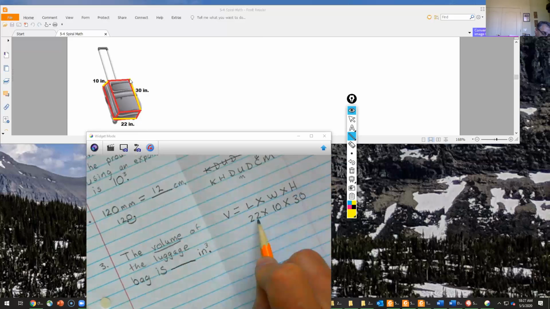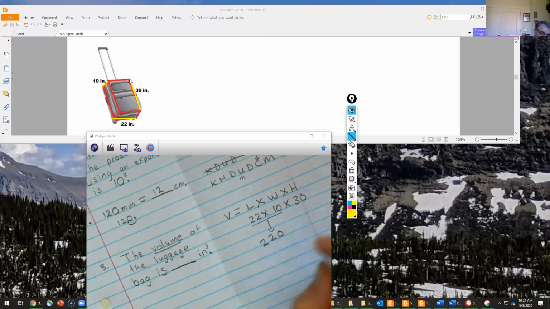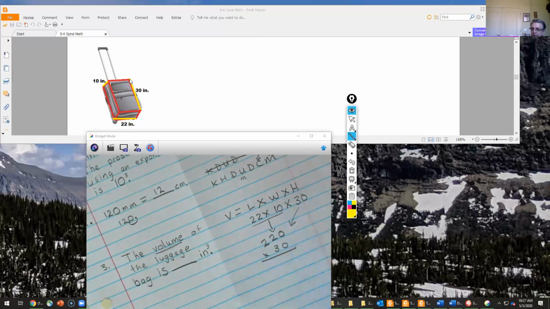What I'm going to do, boys and girls, is multiply it either way. I'll start with 22 times 10. That is pretty easy mental math. I can just take 22 and add a 0 to it. So I get 220. Then I'm going to multiply that by 30, which is a little bit trickier for me to do in my head accurately, so I want to make sure I do it correctly. 220 times 30.